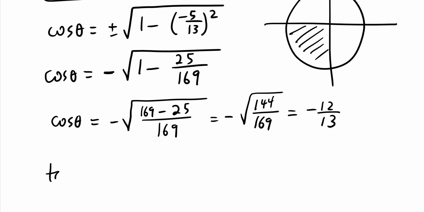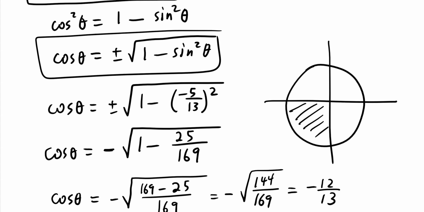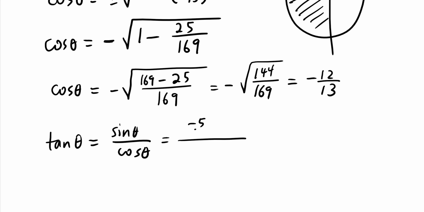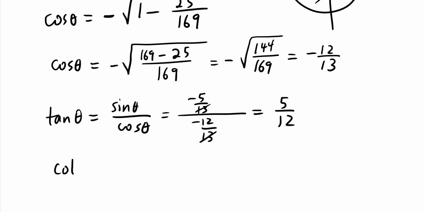We can use what we learned today. Tangent is sine theta over cosine theta. Sine was given as negative 5 over 13. This is negative 12 over 13. So 13 cancels, so it gives us 5 over 12. Cotangent theta is the reciprocal of this.